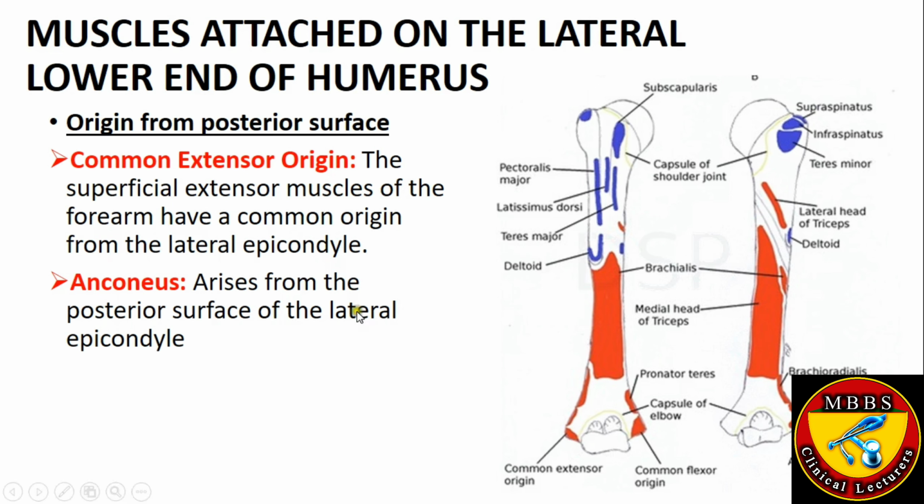The anconeus arises from the posterior surface of the lateral epicondyle. This is the posterior surface. So it takes origin from the posterior surface of the lateral epicondyle.